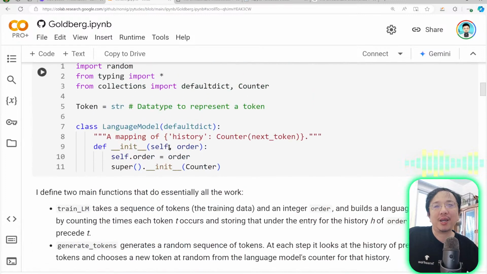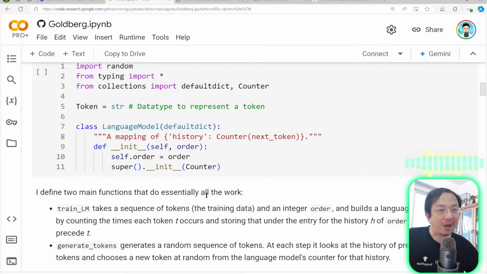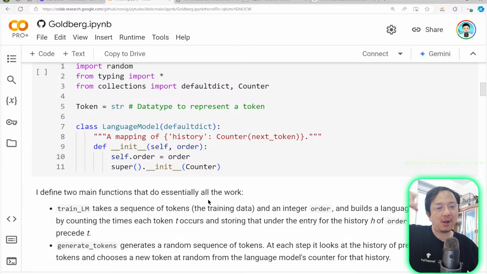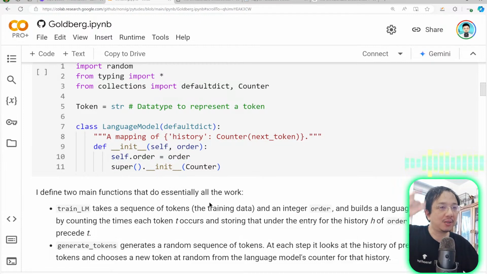consider each key like CHAI. If you are using a 5-gram or order 4 model, the key is something like CHAI, and the counter is used to count the number of occurrences or appearances in the training data for each character.